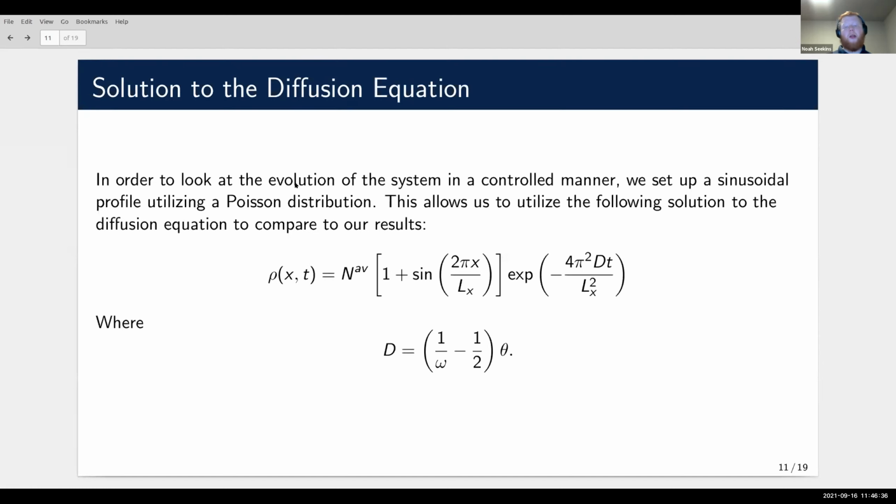So this would be our theoretical distribution that we end up with, which is an average rho times 1 plus sine of 2 pi x over L_x, times the exponential of negative 4 pi squared D t over L_x squared, where D is just derived from our hydrodynamic limit with D equals 1 over omega minus 1/2 times theta.